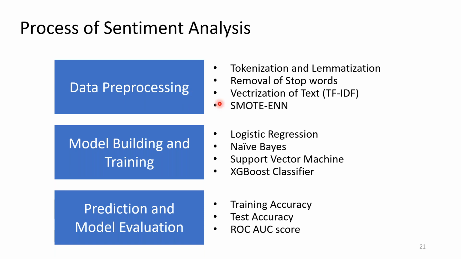So SMOTE-ENN will be applied to rebalance the data. And here I use logistic regression and three other models. For model evaluation, accuracy, specificity and AUC score will be used. I will discuss these from now.